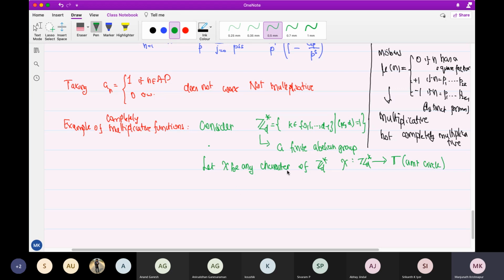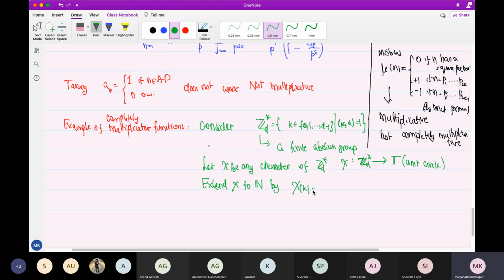You take any character, but now I want to define it on all integers. This is defined on the group, that is, on the numbers 0 to d minus 1, but only those that are co-prime to d. So extend chi to all natural numbers in the more or less obvious way.